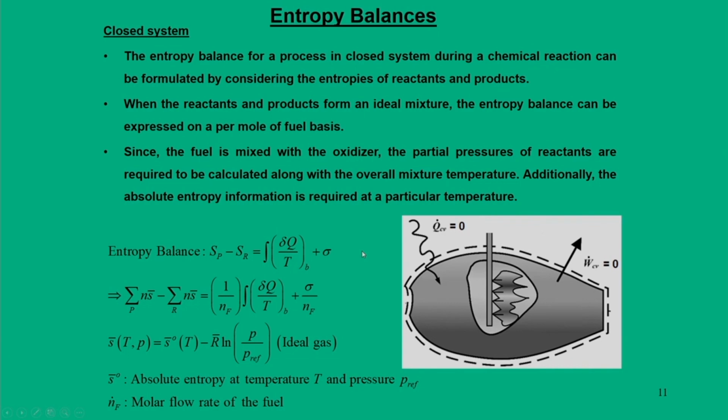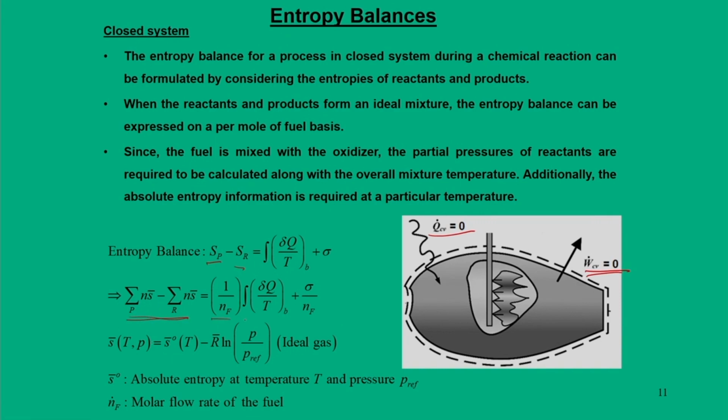Now, the same thing, when you assign that there is no work transfer, no heat transfer and it is a closed system, then we can write the entropy balance for the closed system as Sp minus Sr is equal to the sum of delta Q by T at the boundary heat transfer plus sigma. And then this equation, for products and reactants, can be summed up with their respective number of moles.